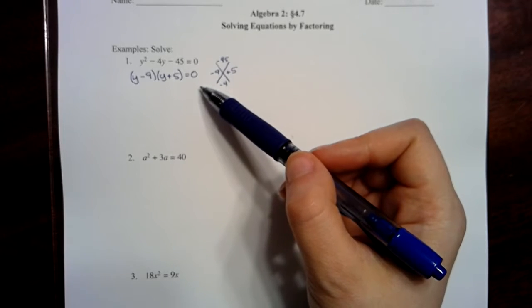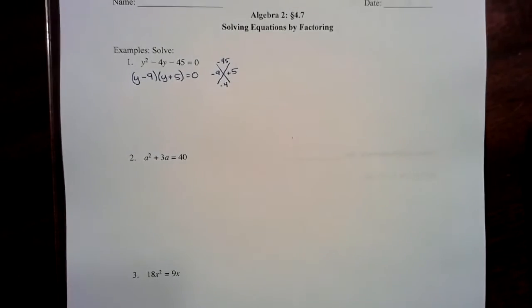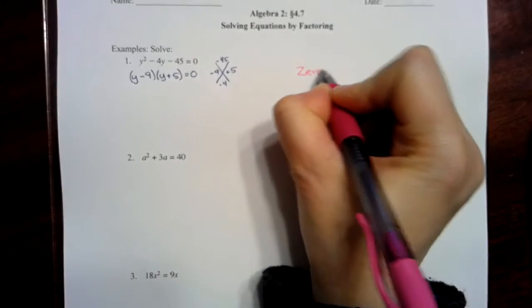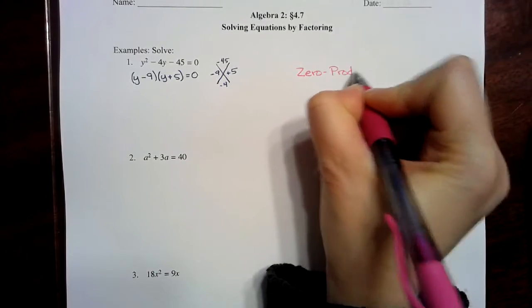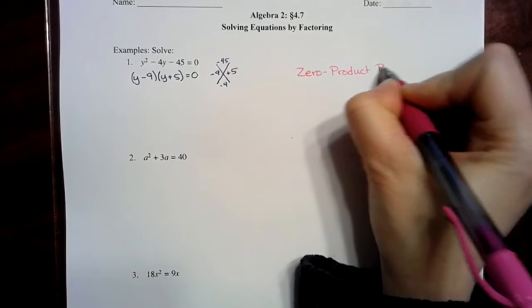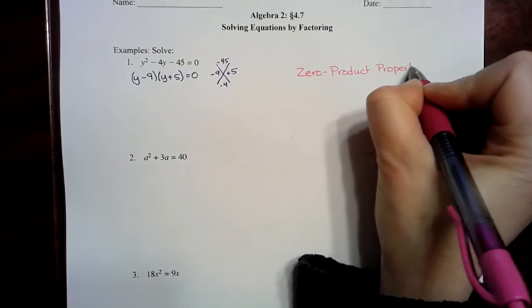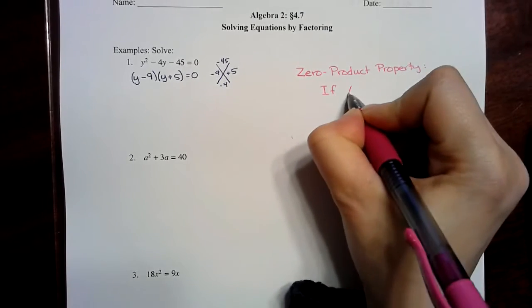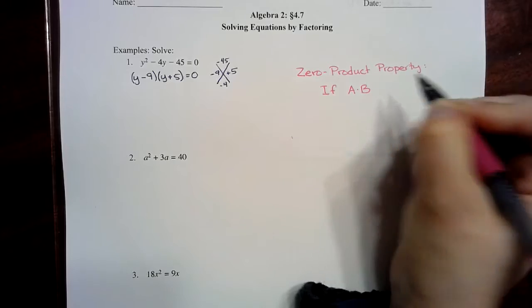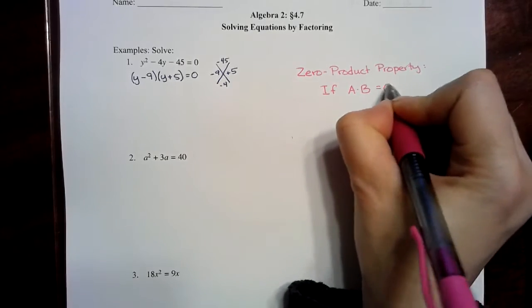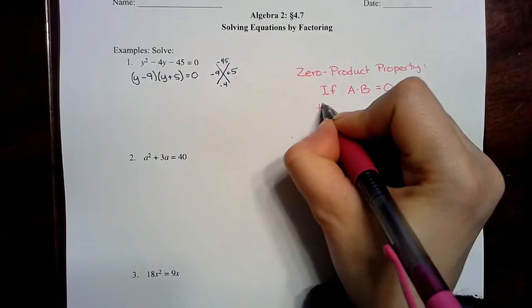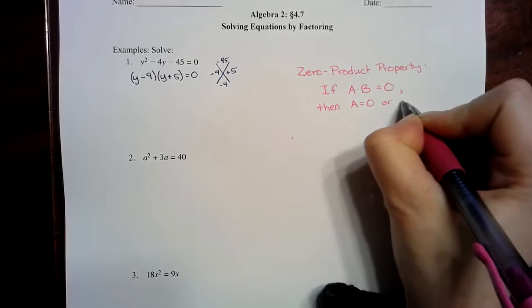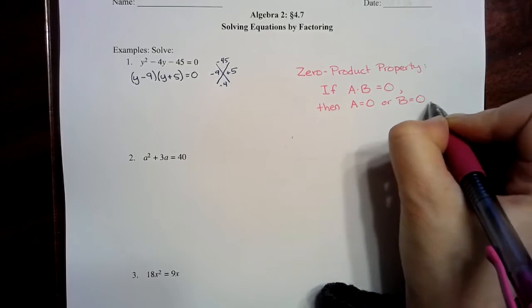Now, why is this useful? It's useful because of something called the zero product property, which says that if I have two things multiplied together equaling 0, then either the first thing was 0 or the second thing was 0.